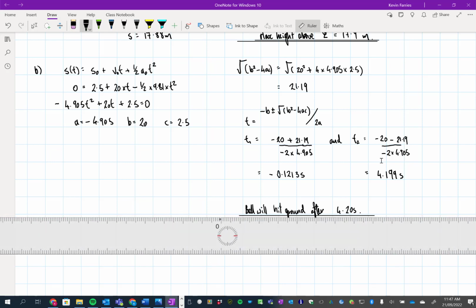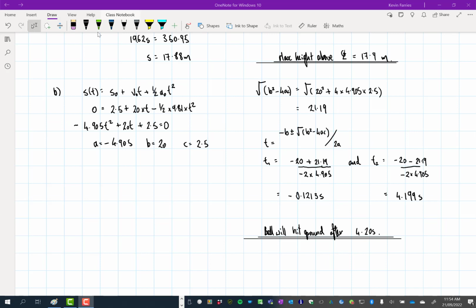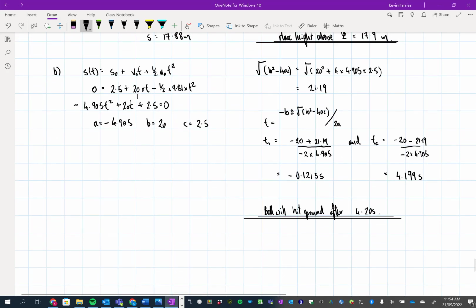Now, does that make sense? I think it does, but just as a quick check, we could take this value and stick it back in the equation, make sure we haven't made any mistakes.